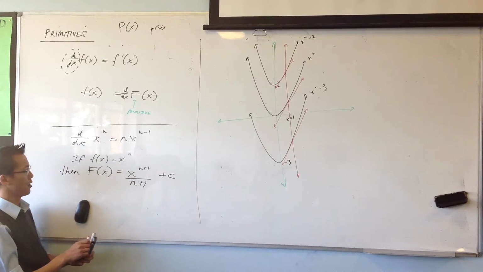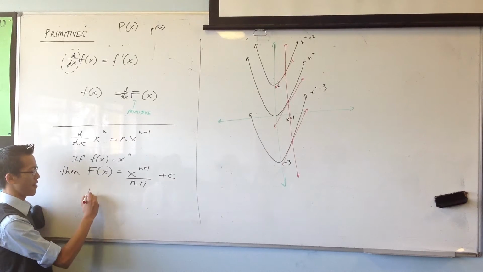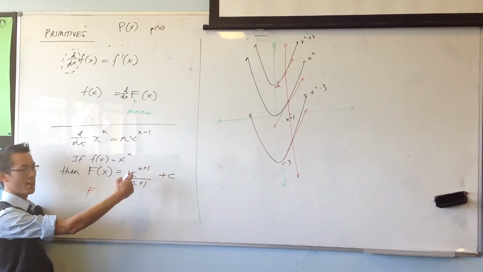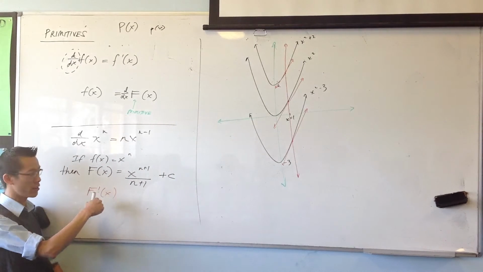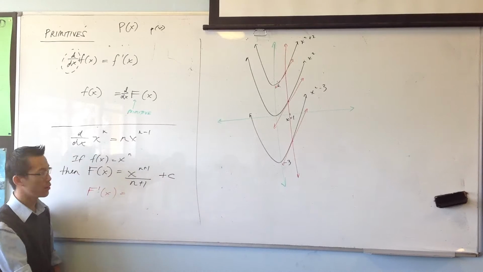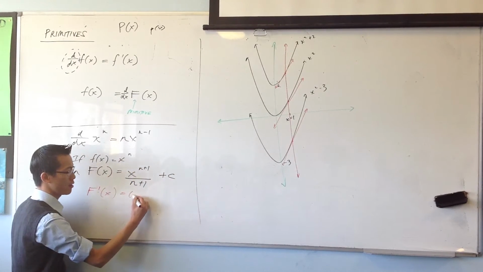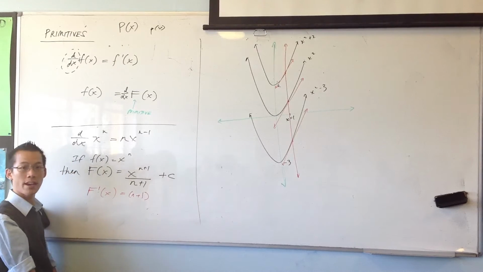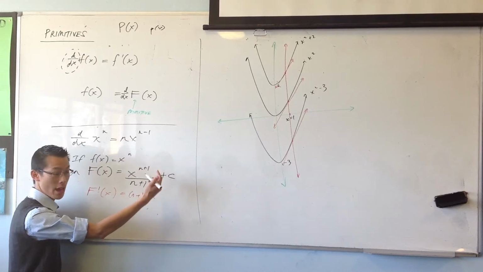I'll use red. Going back to lowercase, it's sort of like saying capital F, but differentiate. Let's do it longhand. Usually I bring the power out the front, and then I reduce the power by 1, which will leave me with n.